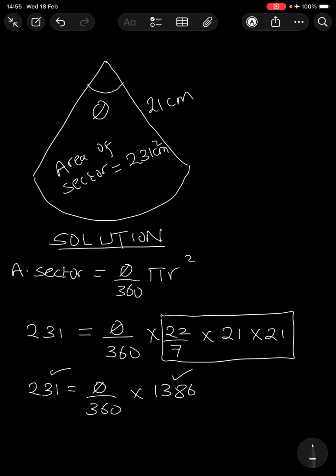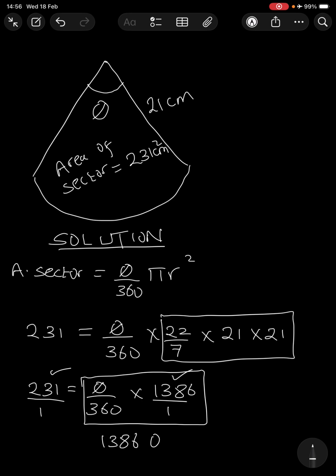And we normally convert a whole number by writing it over 1. After that, we focus on this part. So we start with the numerator. Our numerator is theta times 1386, so we get 1386 theta over the denominator, which is 360 times 1. 360 is equal to 231 over 1.